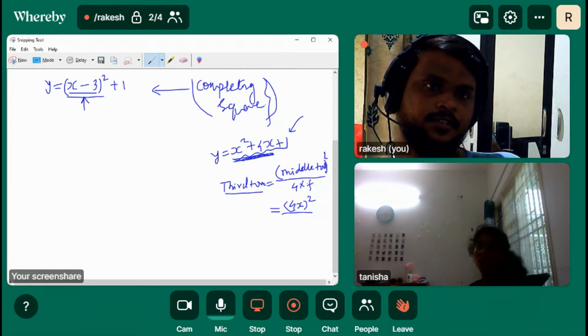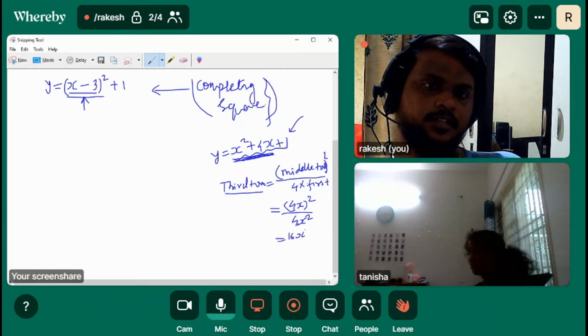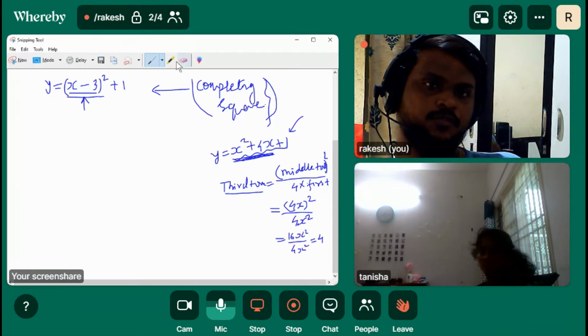So 16x square upon 4x square gives us 4. So the third term has to be 4.